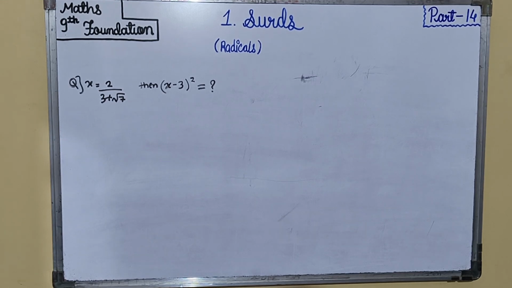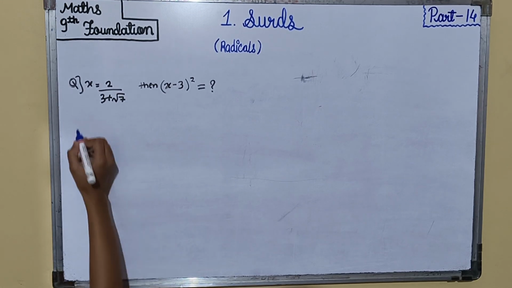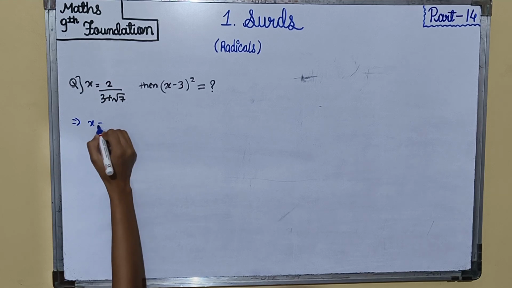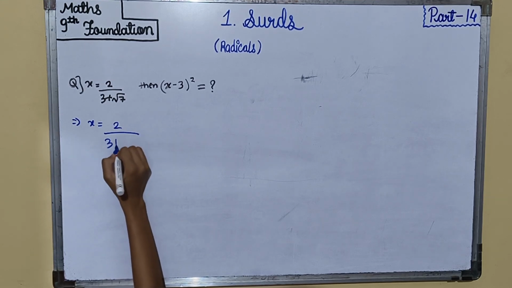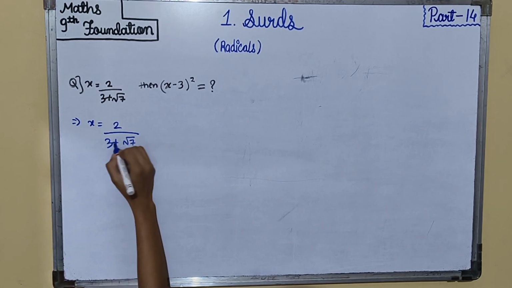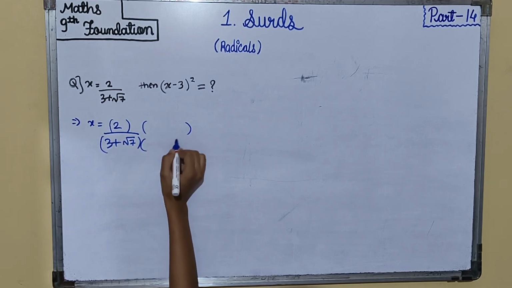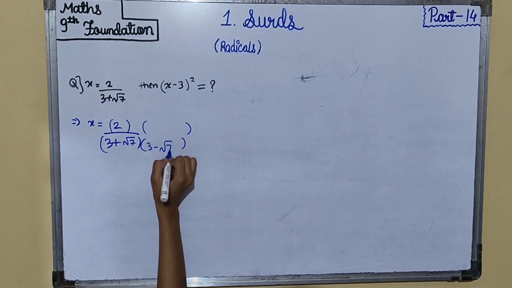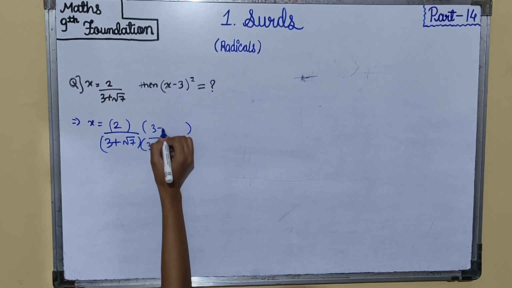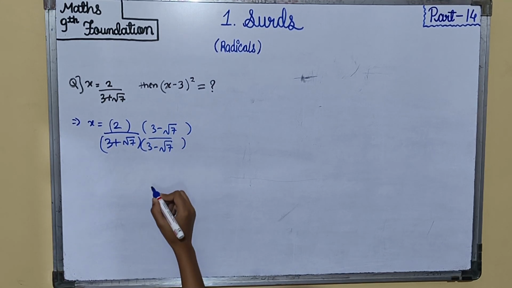To rationalize, we'll multiply the denominator and the numerator by 3 minus root 7.